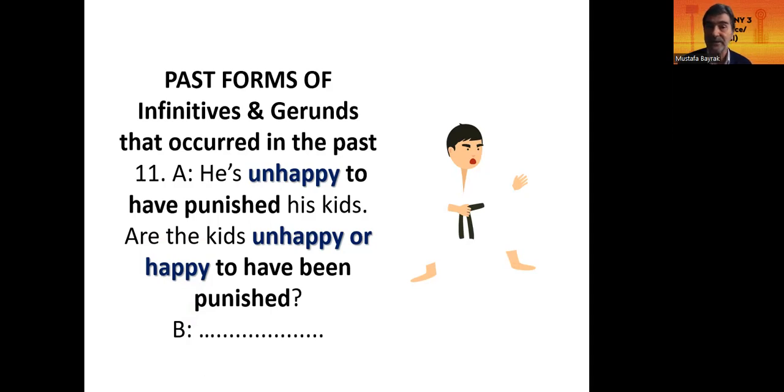To be punished is also possible. To be punished or to have been punished, I think this is more sensible because it has finished. Are the kids unhappy or happy to have been punished? Of course, unfortunately, they are unhappy to have been punished, or they are unhappy to be punished by their father.